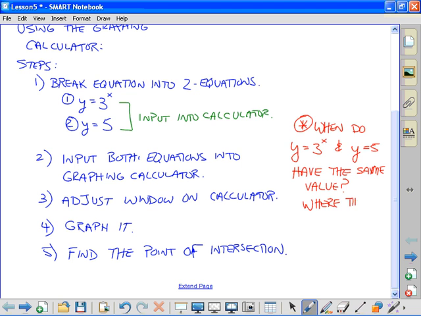So we're looking for that point where they cross. Basically we're creating a system of equations and we're determining where they intersect or where they cross.